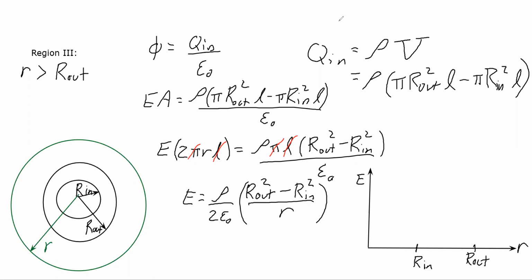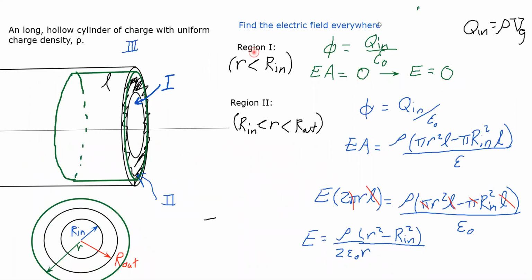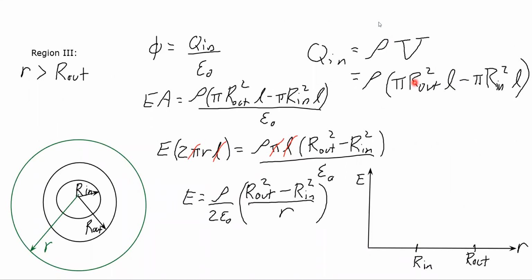So what's the electric field when r is less than R in, in this region here? If you go back to what we calculated in region 1, where r is less than R in, the electric field is 0. So I have a 0 electric field here. Let me plot that.